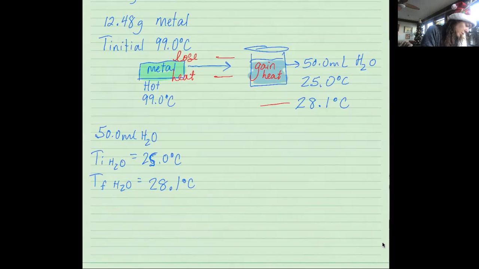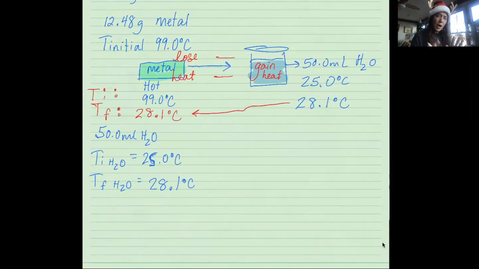Therefore, the final temperature of the water is also the final temperature of the metal. We need to realize that it applies right here. The heat lost by the metal equals the heat gained by the water.